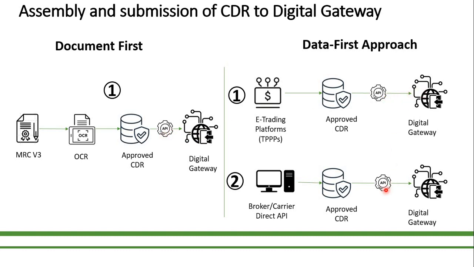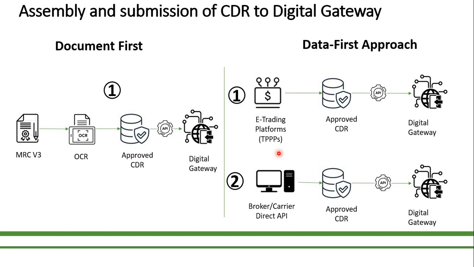The second approach is called the data first approach, because in this approach, the focus is to capture the CDR compliant data upfront in the process. We have two variations in this approach, which is largely around the source of data. In case 1, the responsibility of constructing the CDR is on TPPs.